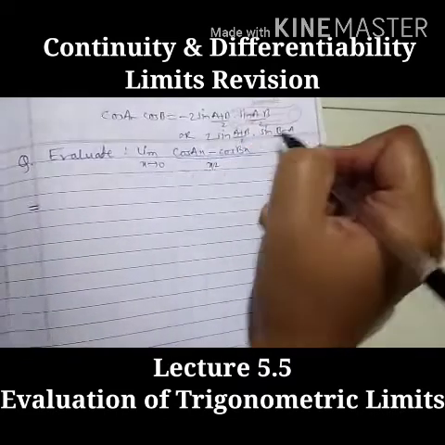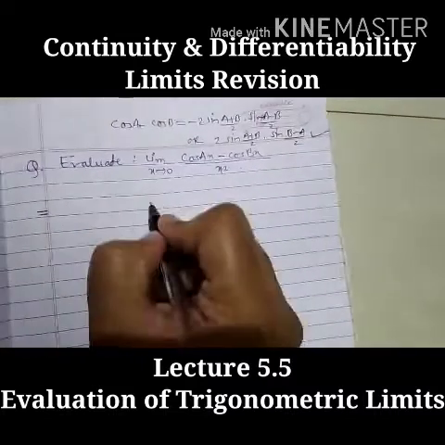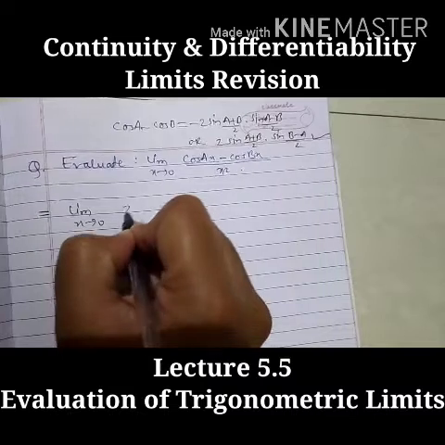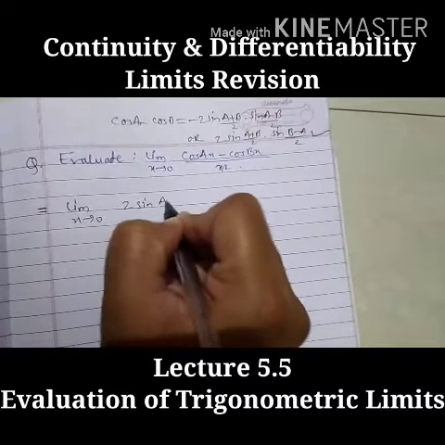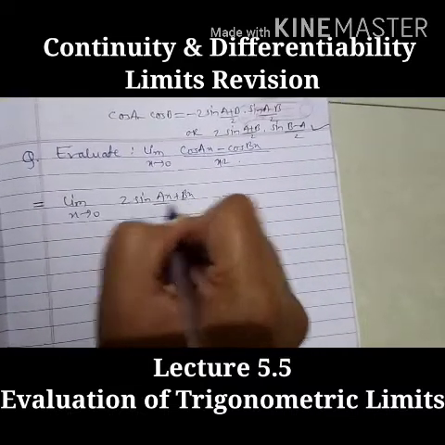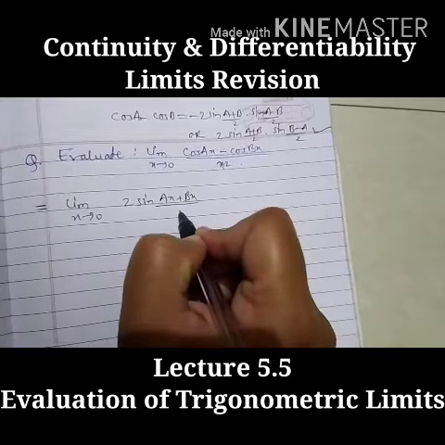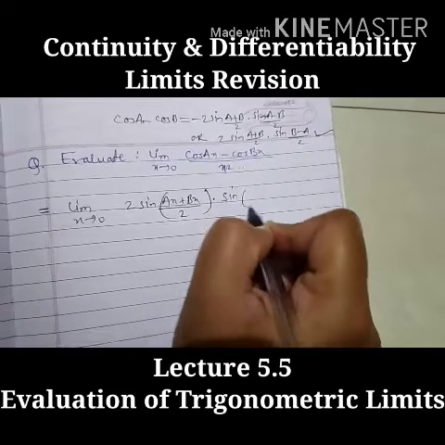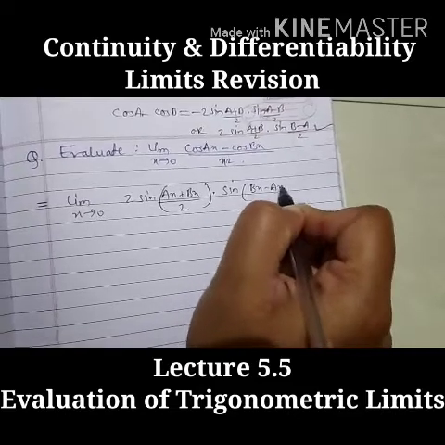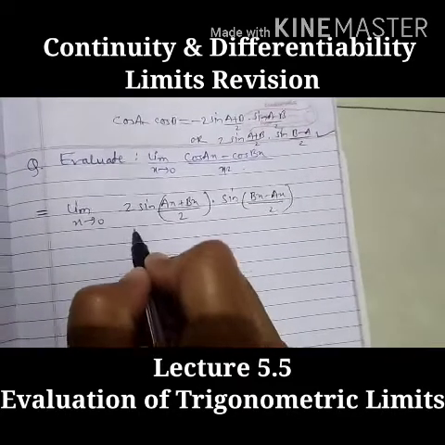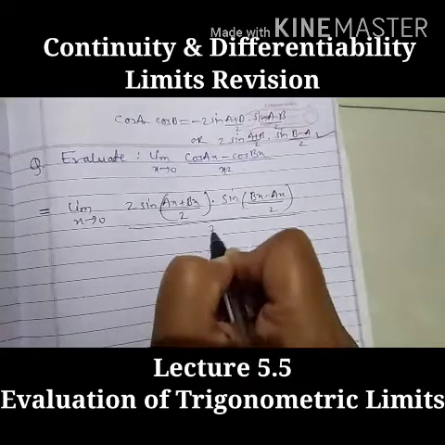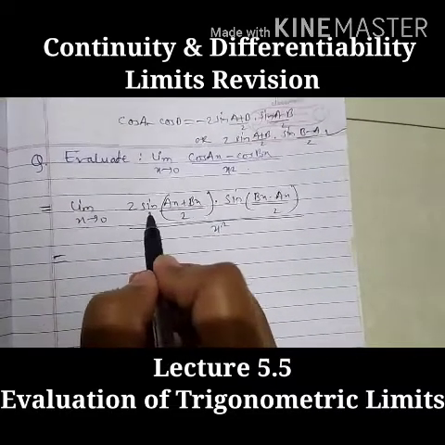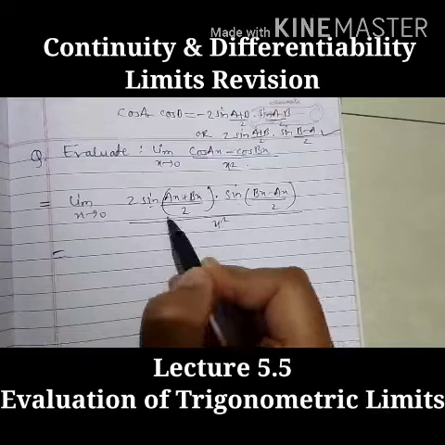Understood? Now we'll use here the second formula, so it is equal to limit as x tends to 0 of 2 sine of (ax plus bx) upon 2 into sine of (bx minus ax) upon 2, whole thing divided by x square. Now here one sine is there, one sine is there, so we can split this x square.